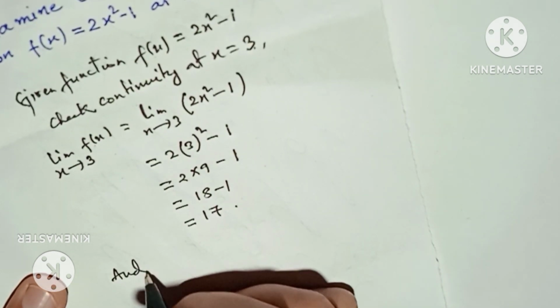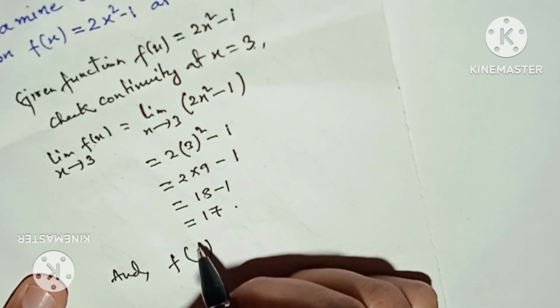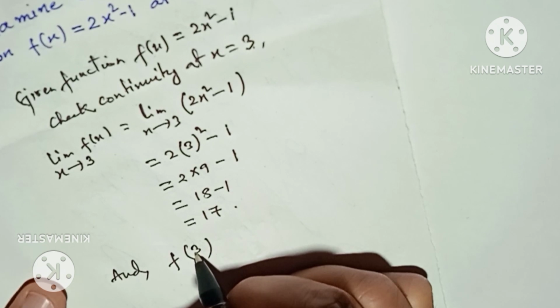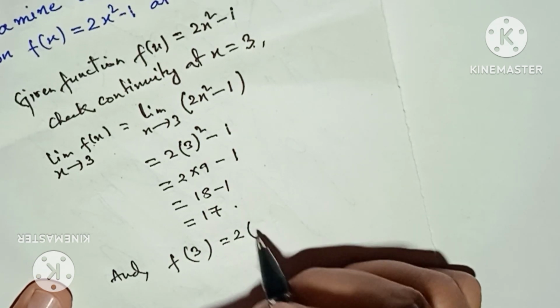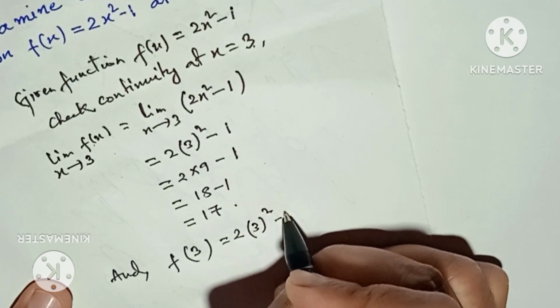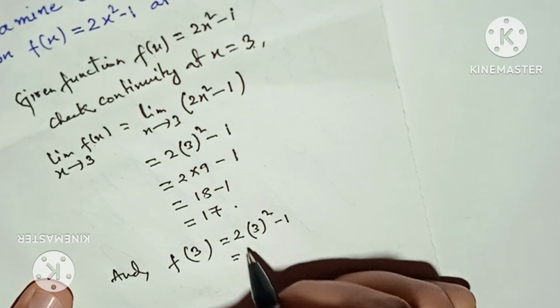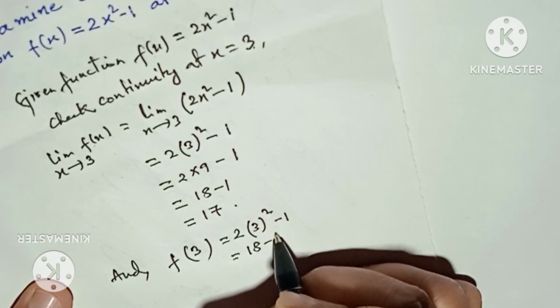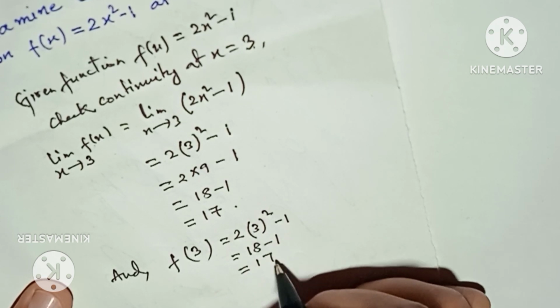And f of 3, substituting the value x equal to 3: 3 squared minus 1, 3 squared is 9, 9 times 2 is 18, 18 minus 1 is equal to 17.